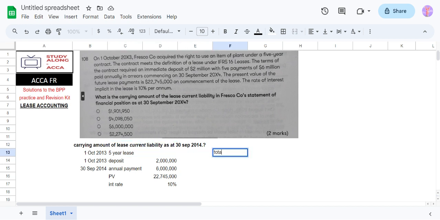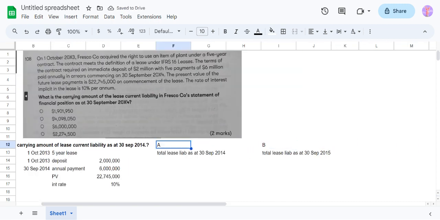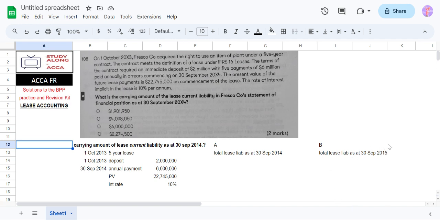So we need to calculate total lease liability as at 30th September 2014, and then we will calculate total lease liability at the end of the next year. So this will be our B, and this is A. So the current portion will be, I think, B minus A, right?